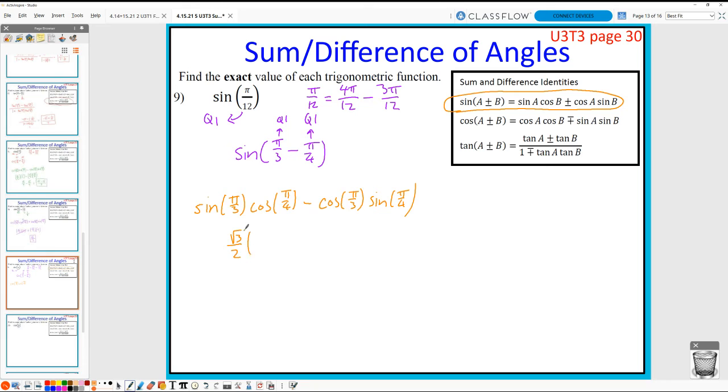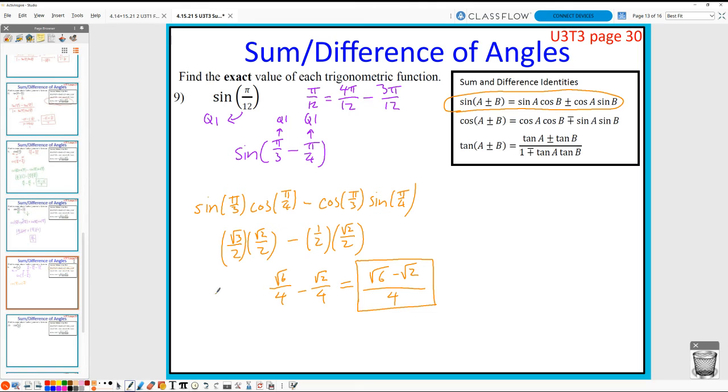Cosine of pi over 4 is root 2 over 2. Minus cosine of pi over 3 is 1/2. Sine of pi over 4 is root 2 over 2. This is root 6 over 4 minus root 2 over 4. Therefore, root 6 minus root 2 all over 4. And again, this is a positive number. Root 6 is bigger than root 2.